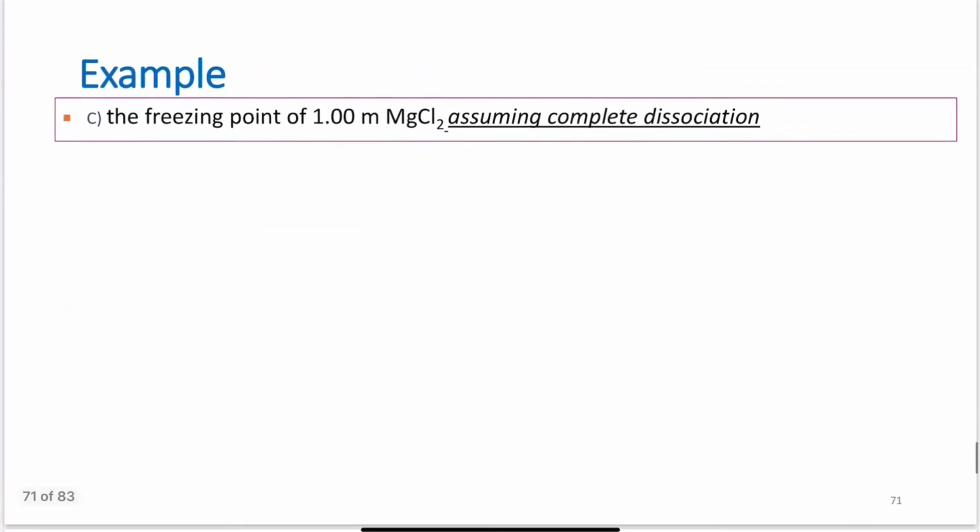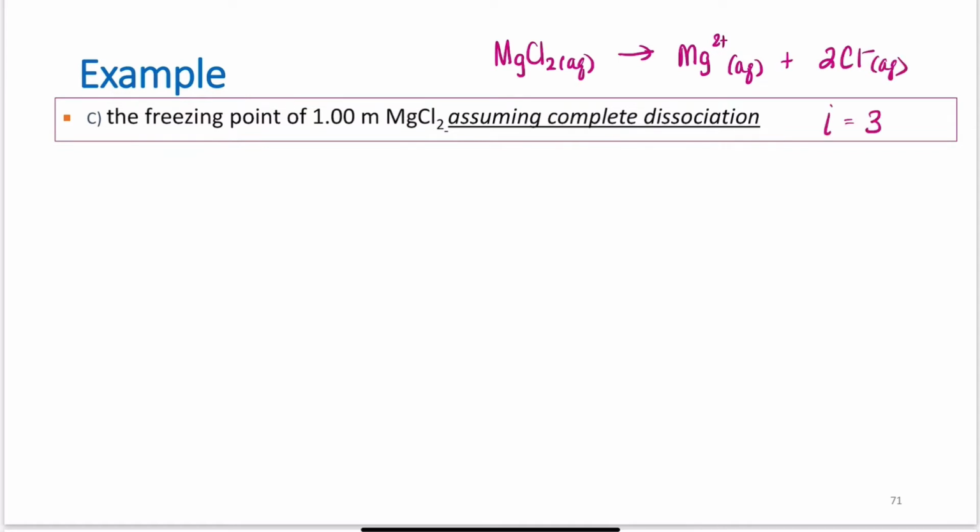And C, the freezing point of a 1 molal magnesium chloride solution, assuming complete dissociation. Magnesium chloride breaks apart into magnesium ions and 2 moles of chloride ions. Therefore, i is equal to 3.